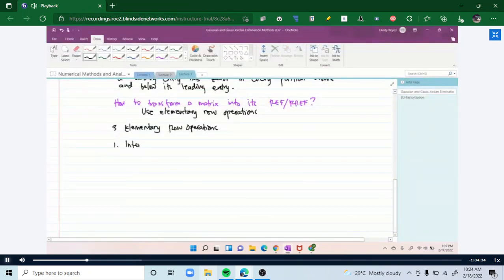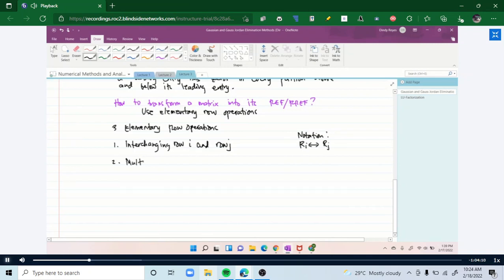Okay, first, interchanging two rows. Interchanging, let's say, a particular row I and row J. If you are interchanging row I and row J, you'll be using this notation.